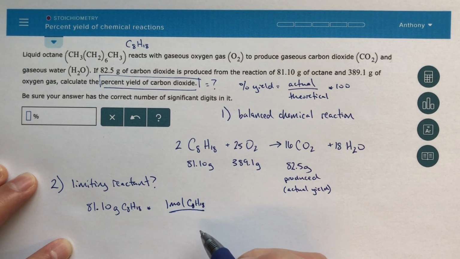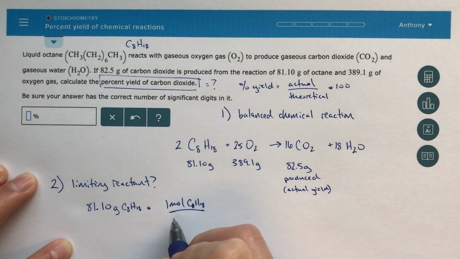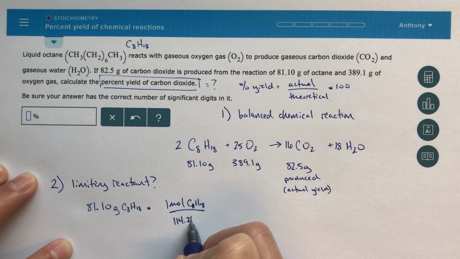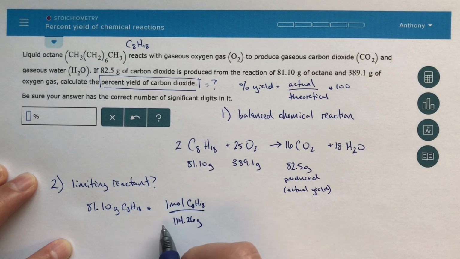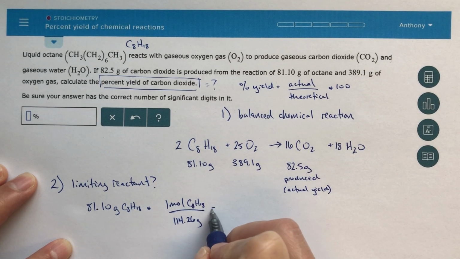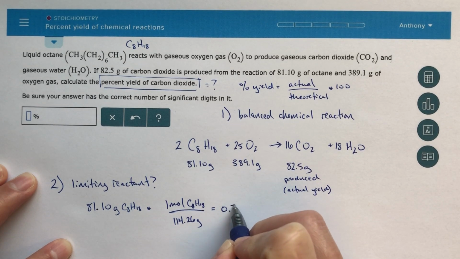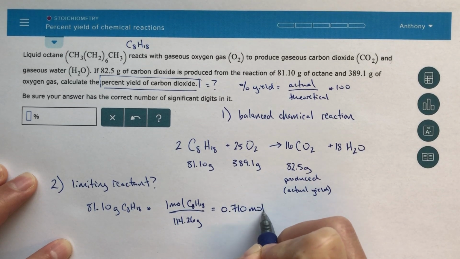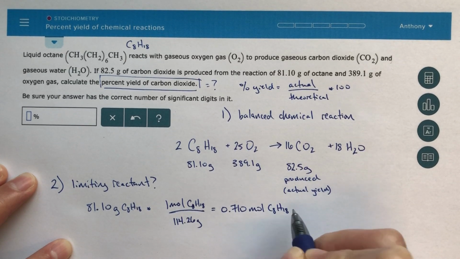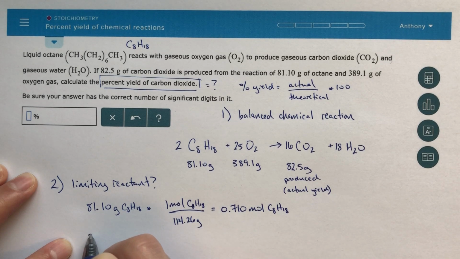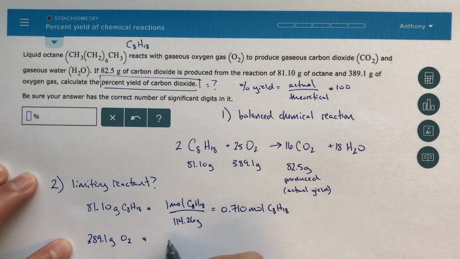That was an interesting 8 I just drew there, but anyhow, the first step, I'm going to convert from grams of C8H18, grams of octane, into moles of octane. So that equals 0.710 moles of C8H18. The purpose of this is to figure out what my limiting reactant is. So it's either going to be my octane or my oxygen.